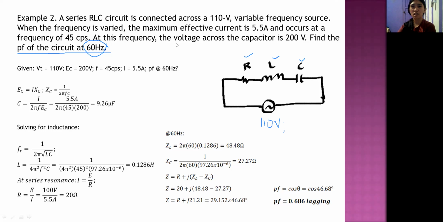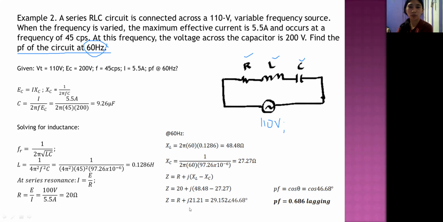It says here that the current is at maximum. As we can recall, the characteristics of series resonance are that the impedance is minimum and the current is at maximum.